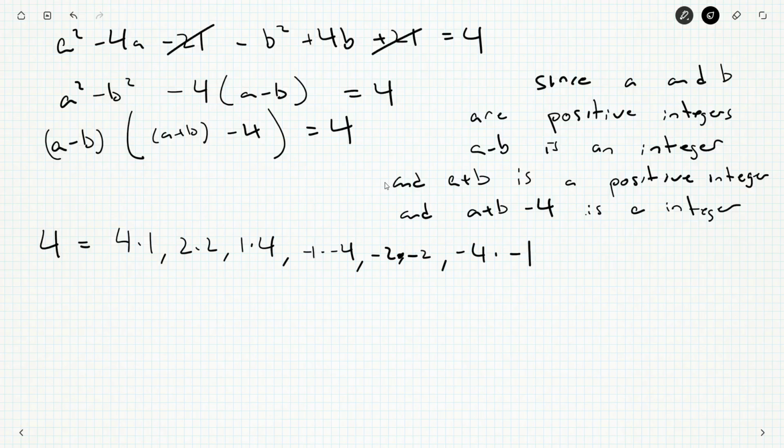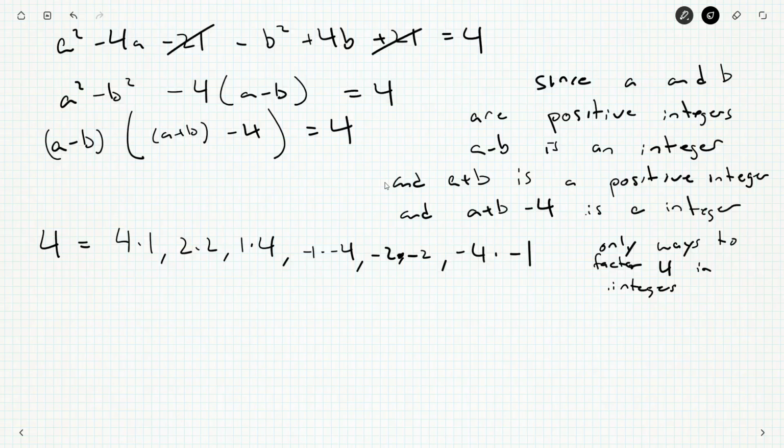So these are the only ways to factor 4 over the integers. Okay. So that means a minus b will have to be 2 and a plus b minus 4 will have to be 2, or that sort of thing. Or a minus b is negative 1 and a plus b minus 4 is negative 1.